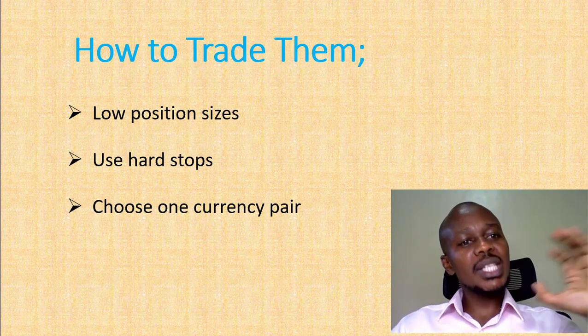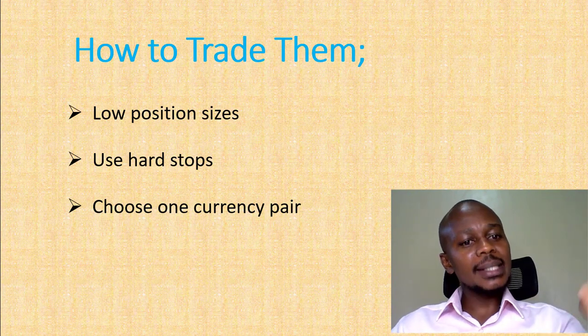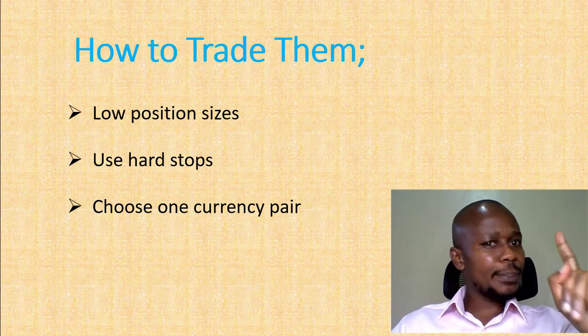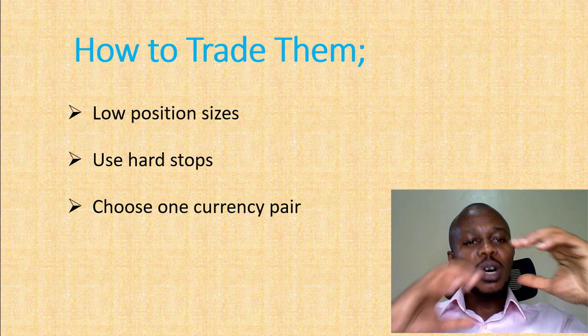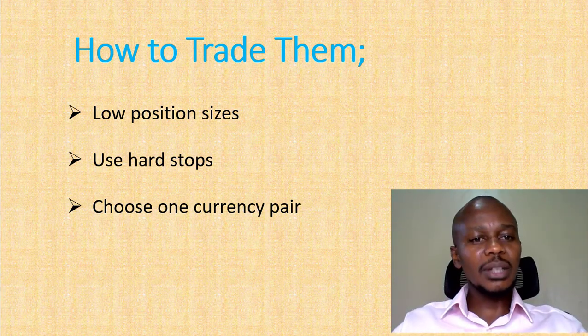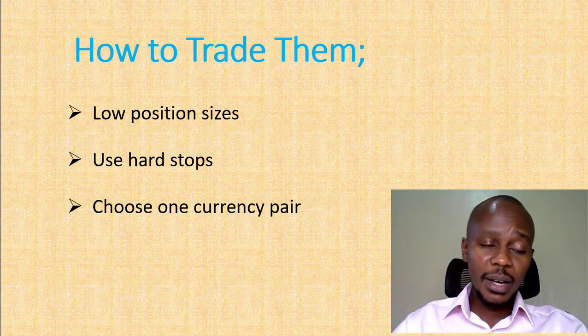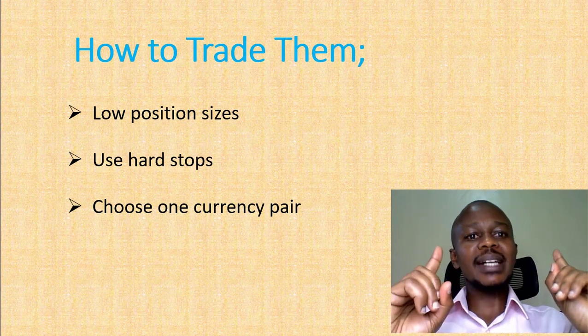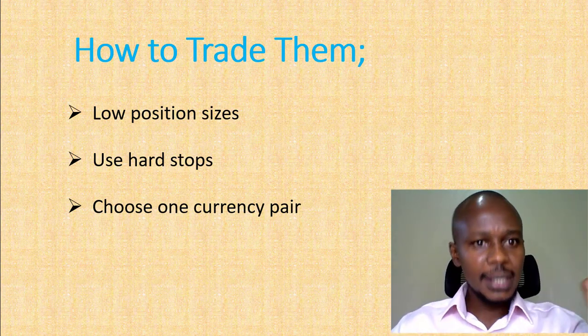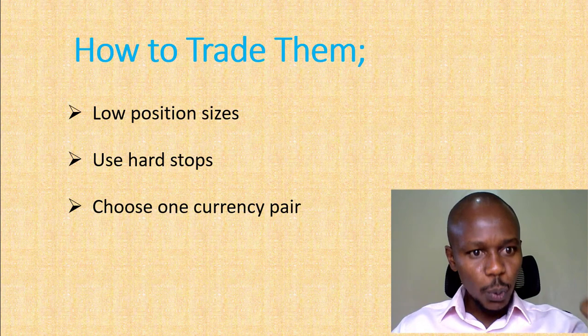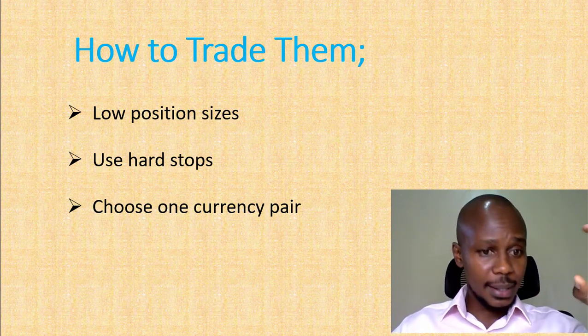So be careful with this kind of currency pairs. Stick to one currency pair, and once you master it, then you can look at what other currency pairs are offering. But work with one currency pair for a start. That way you will minimize your risk.